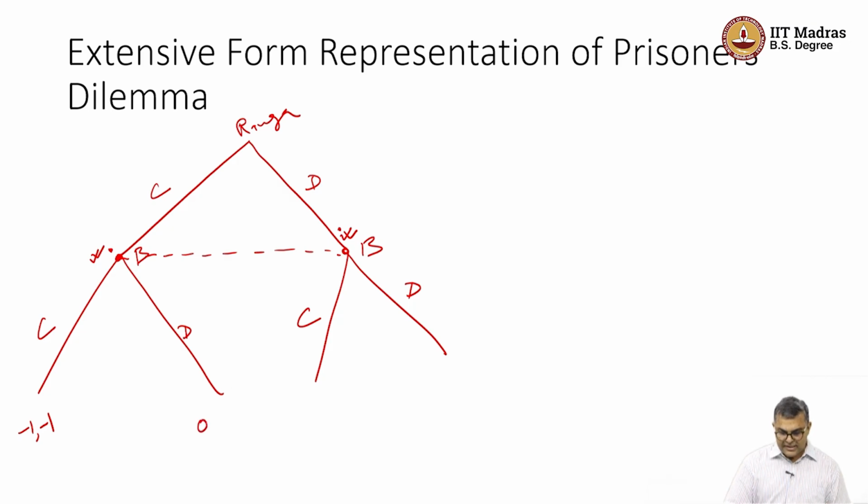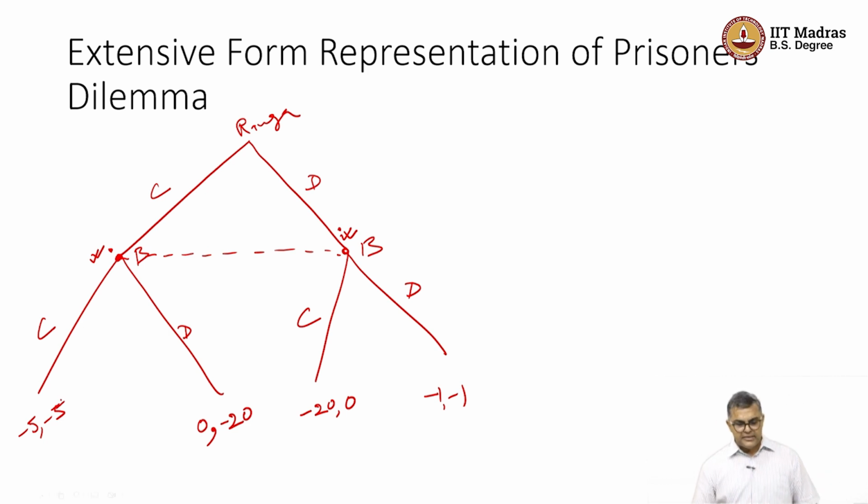Ranga confessing walks free, Billa gets 20 years; here 20 years, 0 years, and here if they both remain silent, sorry, here it will be -1 and here it will be -5. This is the situation we have.